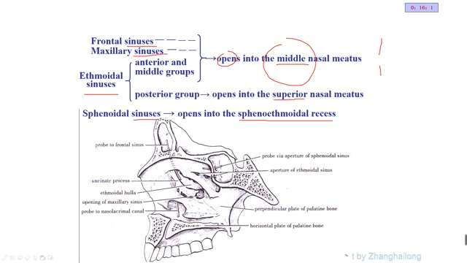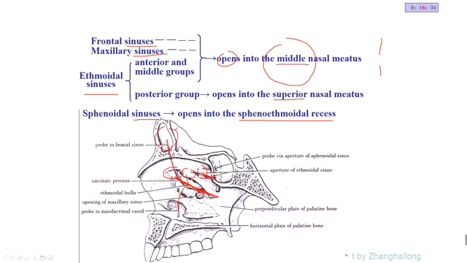Now you see here, for example, here is the frontal sinus. There is a canal communicating to the middle meatus. Here is the middle meatus. And the maxillary sinus also opens to the middle meatus, and the anterior and middle groups of the ethmoid sinuses also open to the middle meatus. So most of them open to the middle meatus. Only here is the superior meatus, only the posterior group of the ethmoid sinuses open to here.